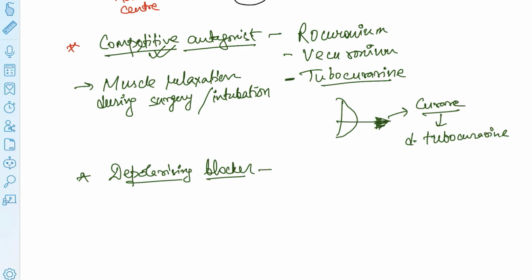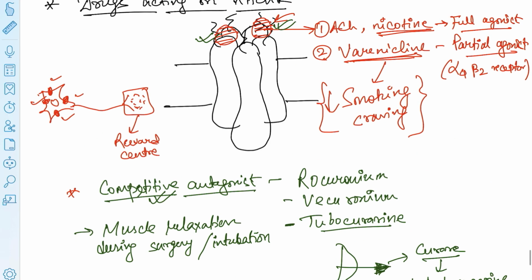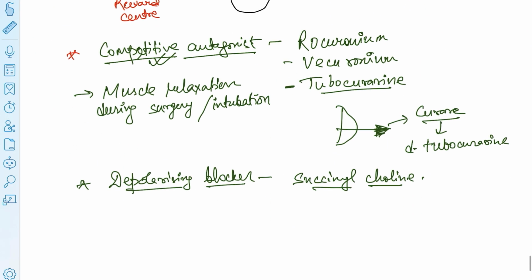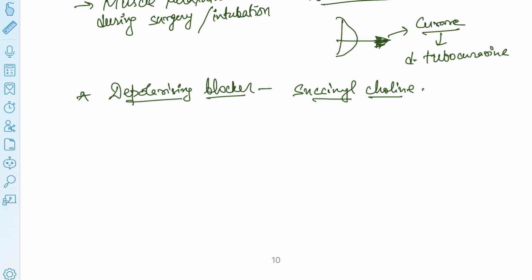Now, the example of this drug is succinylcholine. What happens is this particular drug also binds to the same region where nicotine or acetylcholine binds in the extracellular region. But this acts as a persistent activator of the nicotinic receptor. So they activate the receptor persistently, and if you keep the receptor active for a very prolonged period of time, then that causes deactivation.